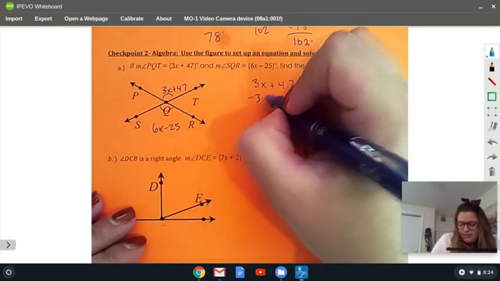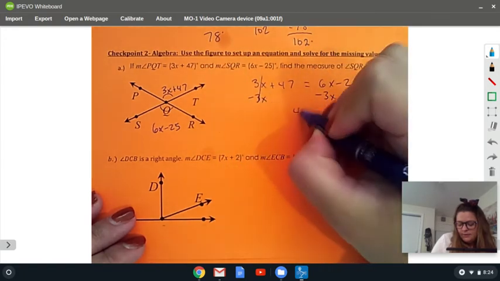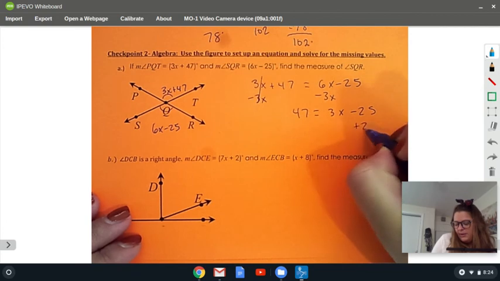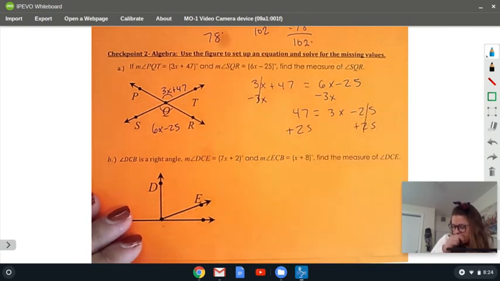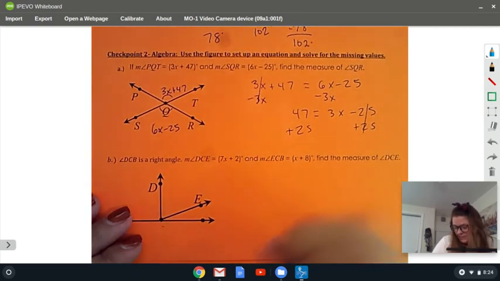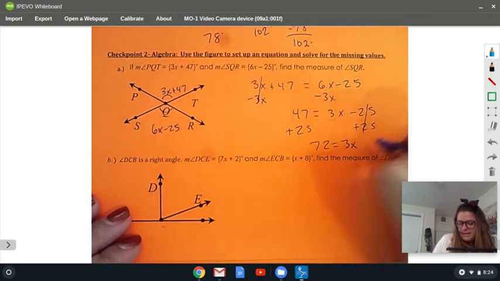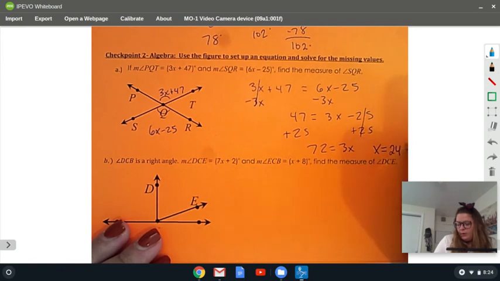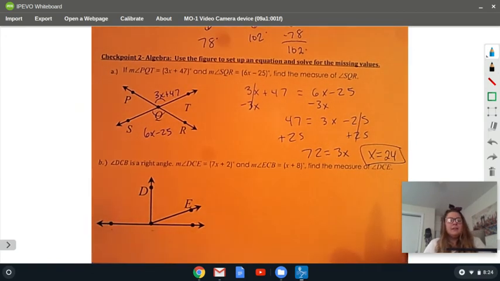So I'm going to subtract 3x. I'm going to add 25. I get 72 equals 3x. If I divide by 3 on both sides, I get that x is 24. That doesn't answer my question.